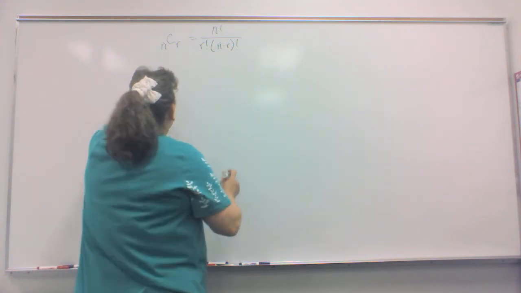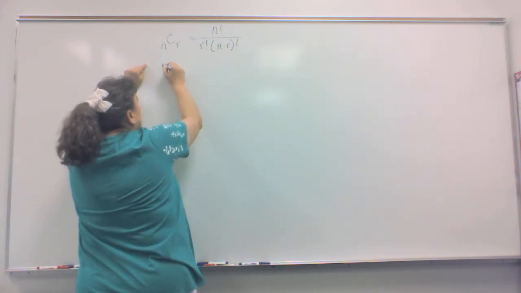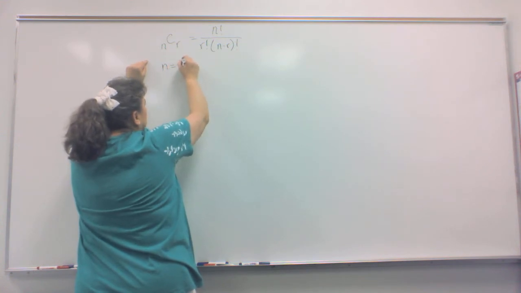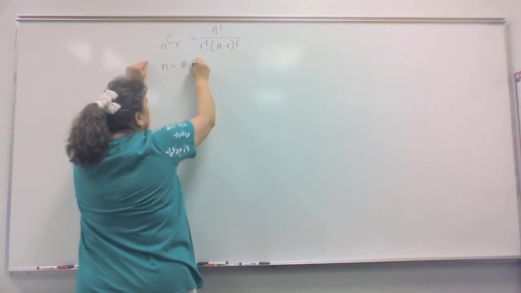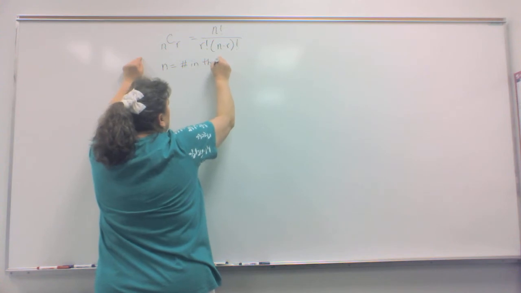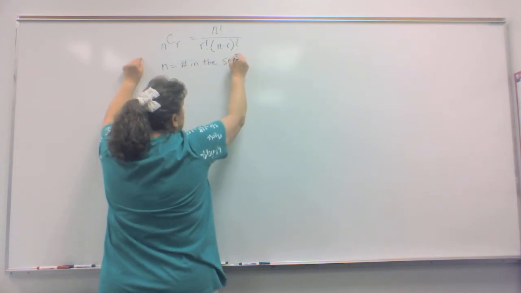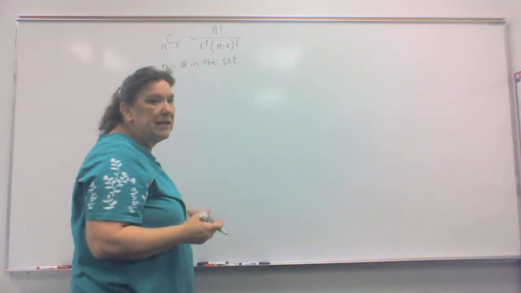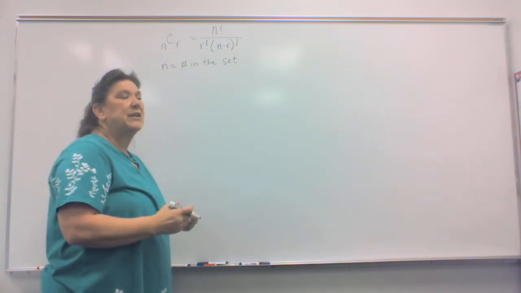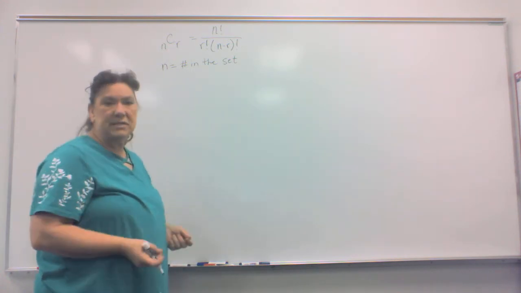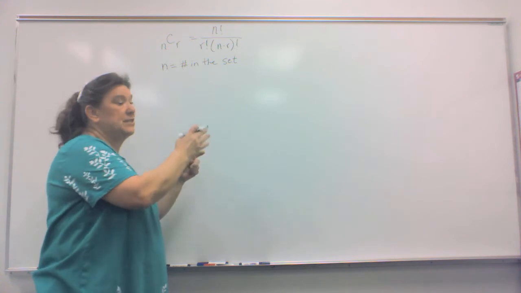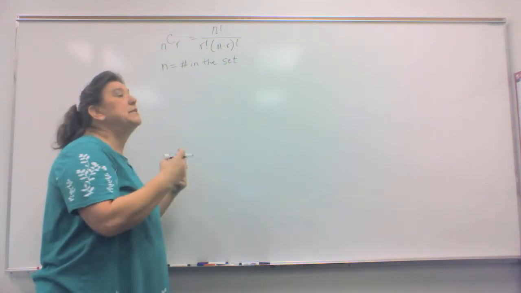And now, remember, just like in the other one, n is the number in the set, or the full set that we're dealing with, whatever that is. If it was letters of the alphabet, it would be 26. If it's the first 10 letters of the alphabet, it would be 10.